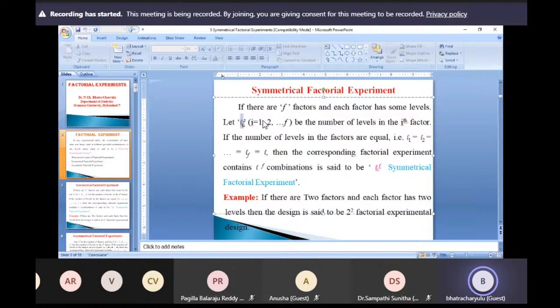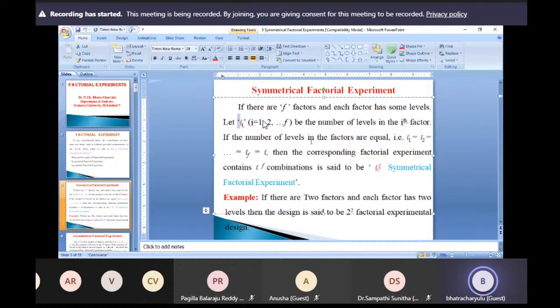Maybe the first factor has L1 levels, the second factor L2 levels, like nitrogen at 2 levels, potassium at 3 levels, phosphorus at 3 levels. Or it may be an equal number of levels. It may vary with the number of levels of the ith factor.